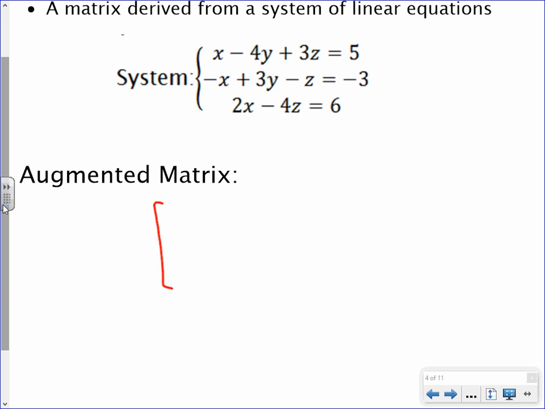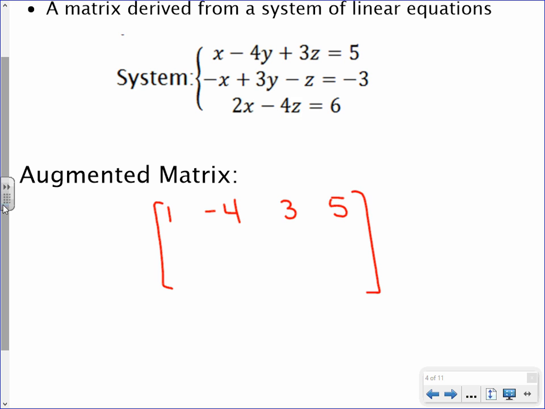The second column is going to represent all of the coefficients for y. The third column, z. And since we only have x, y, z, the fourth column will be our constants at the end. Okay? So our first row is going to be 1, -4, 3, 5.